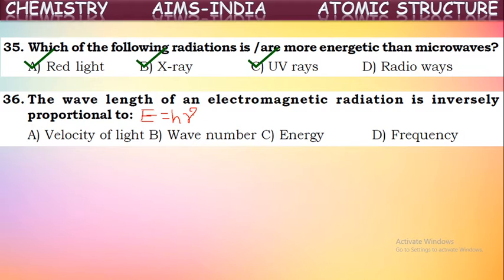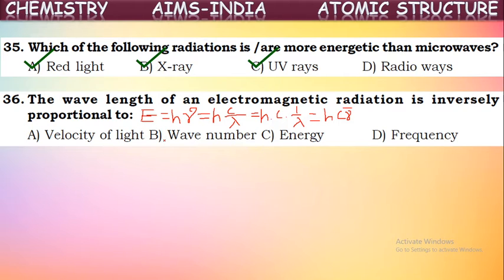Then in the place of nu, we can write c by lambda also, because nu is equal to c by lambda. Now this also can be written as h into c into 1 by lambda, isn't it? We know 1 by lambda is nothing but the wave number. So we can write h c nu bar. These are the relations. Now they're asking wavelength is related with the options given here.